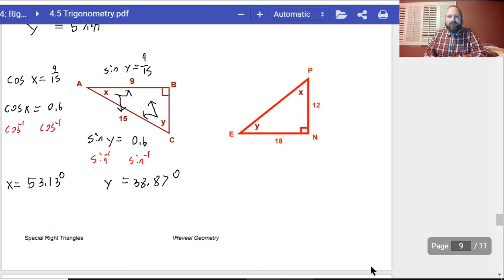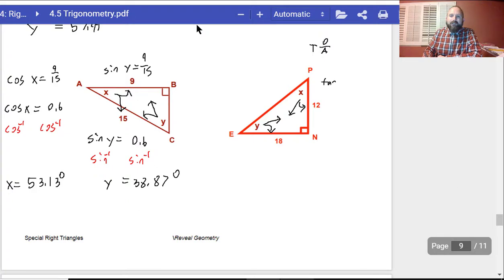Now for this one, I'll give you the answers, but I'll give it to you in 3, 2, 1. Before we give you the answer, remember that this is probably going to be just tangent, because we don't have any hypotenuse. We have the opposite over the adjacent, and for this one we have the opposite over the adjacent. So let's set you up.